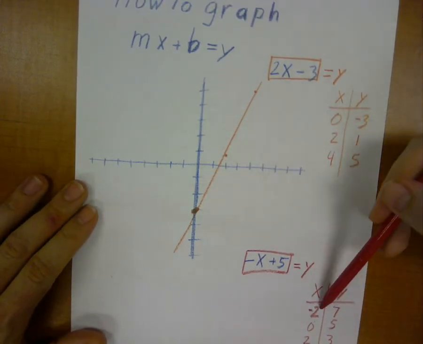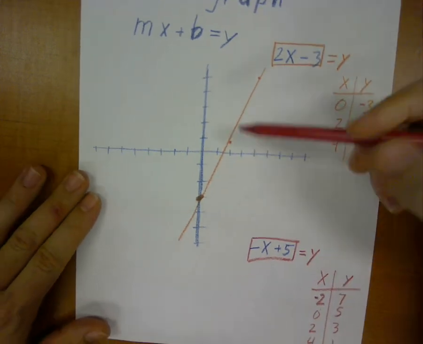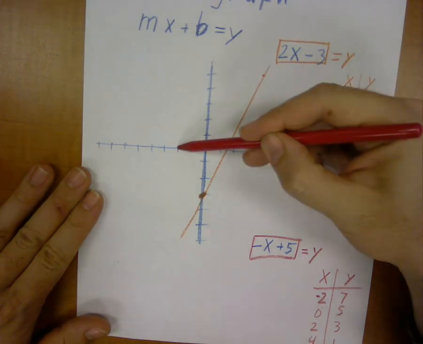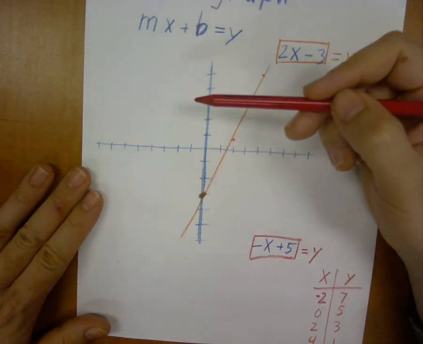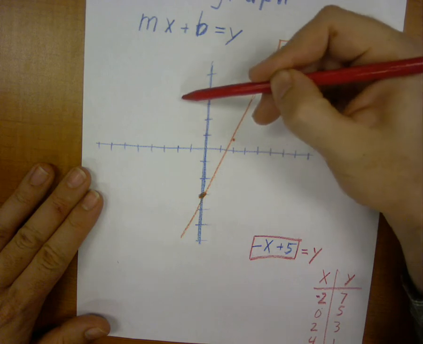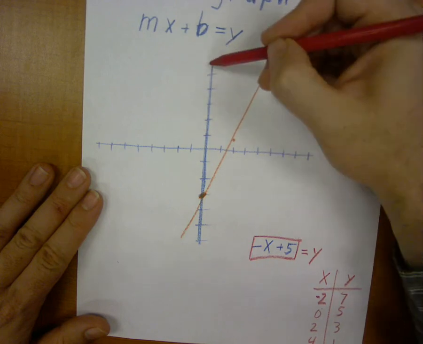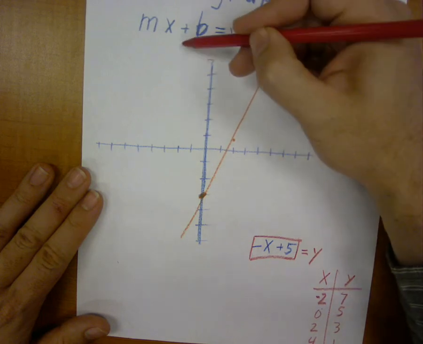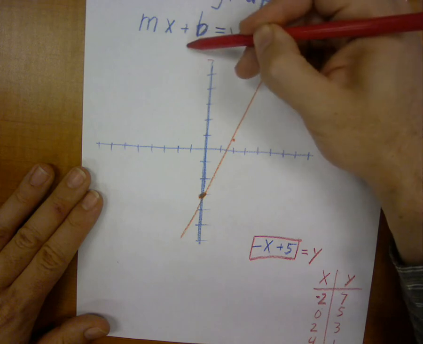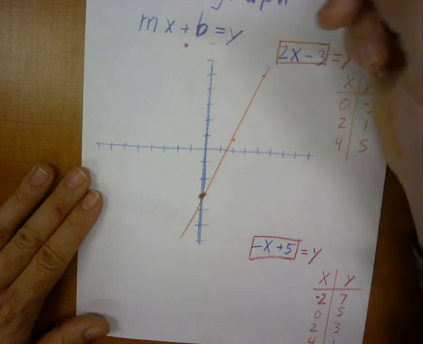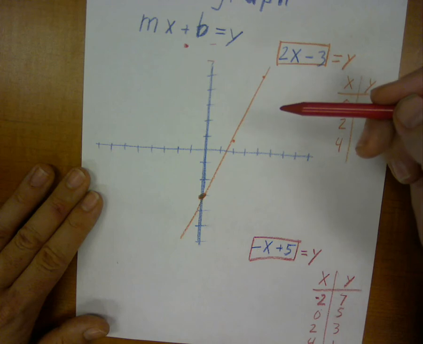First point is negative 2, 7. So I put 2 over, 7 up. It'd be about here, a little bit off my graph. Okay.